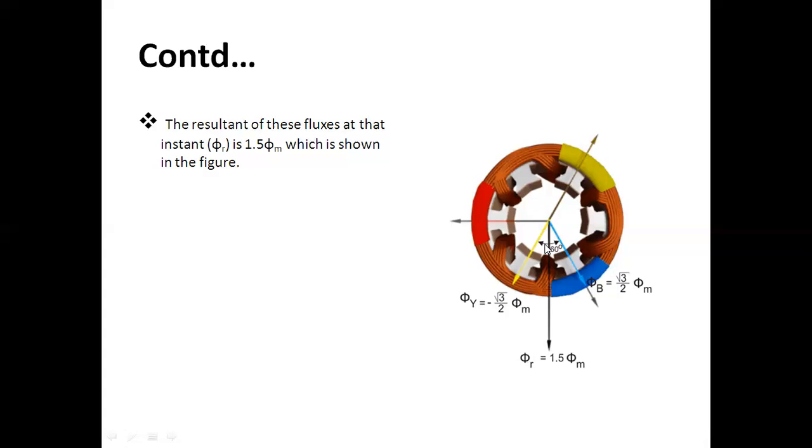If I use the concept of vectors in order to find the resultant value phi r, the phi r will be 1.5 phi m, the resultant value of the flux when omega t equal to 0 degree. And here it is clear that phi b and phi y are separated by an angle of 60 degree.